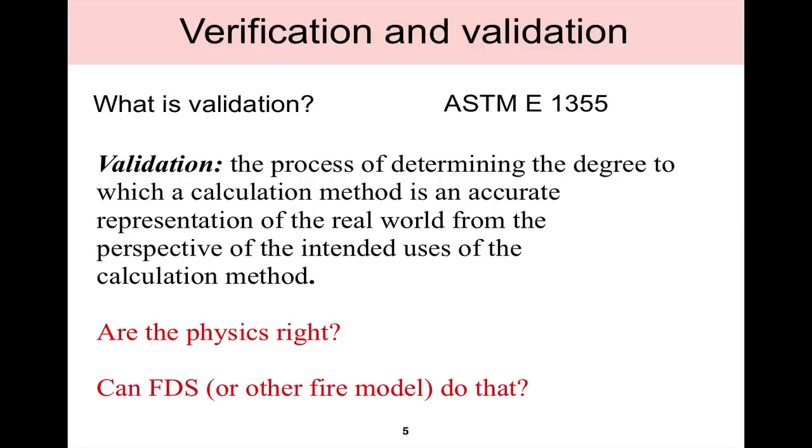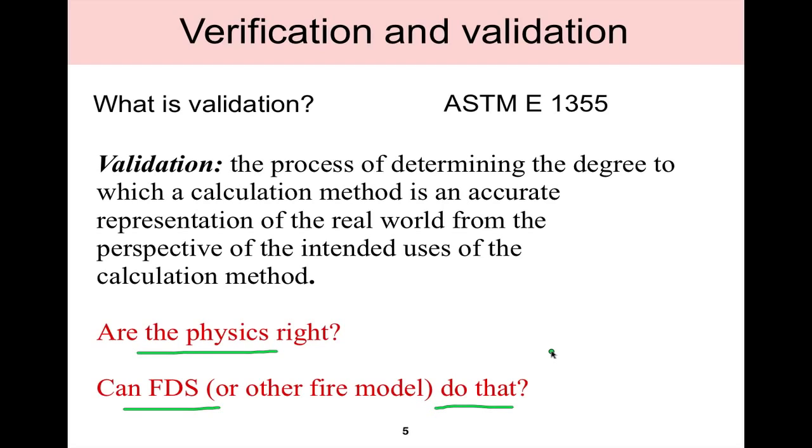ASTM E1355 also defines validation, but it's defined differently in that it's defined as the process of determining the degree to which a calculation method is an accurate representation of the real world. That's the key part, from the perspective of the intended uses of the calculation method. So in essence, validation answers the questions, are the physics right, or can FDS or some other fire model do that?